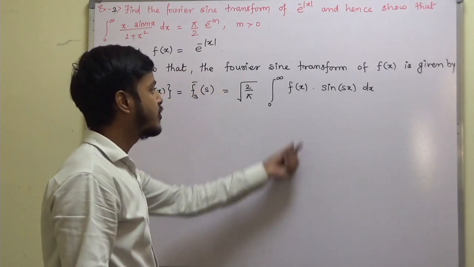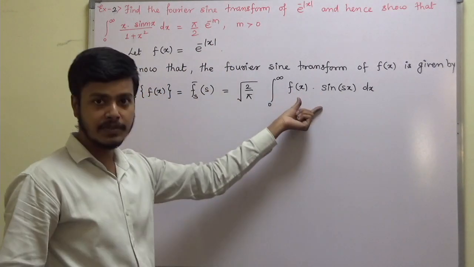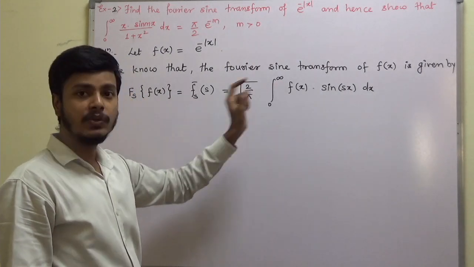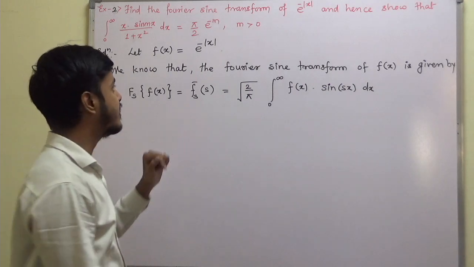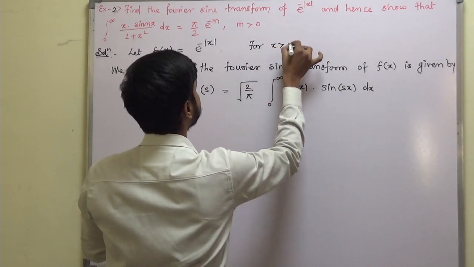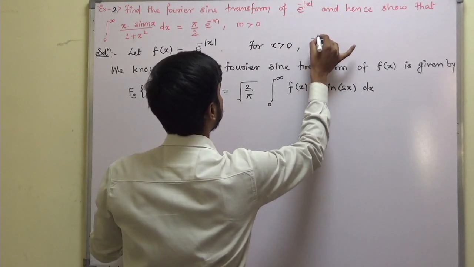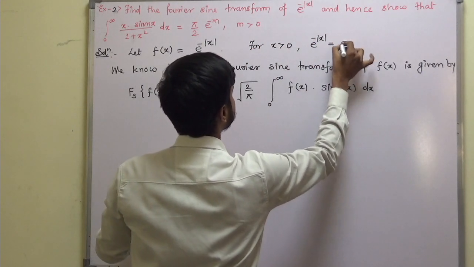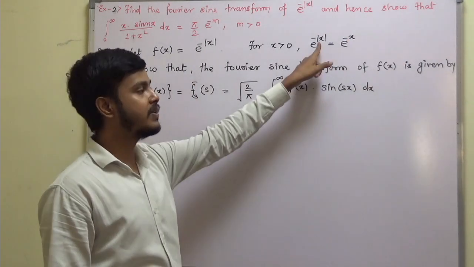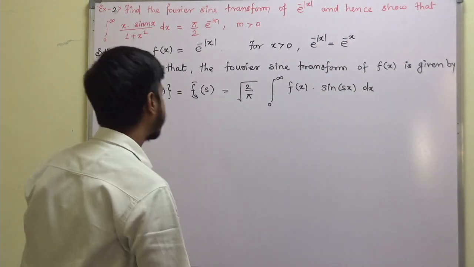Okay, now you have your f of x, you can just substitute, but as you can see we have limit 0 to infinity, means x greater than 0. So you can write here, for x greater than 0, e to the power minus mod x is the same as e to the power minus x, because for x greater than 0, mod of x is the same as x.